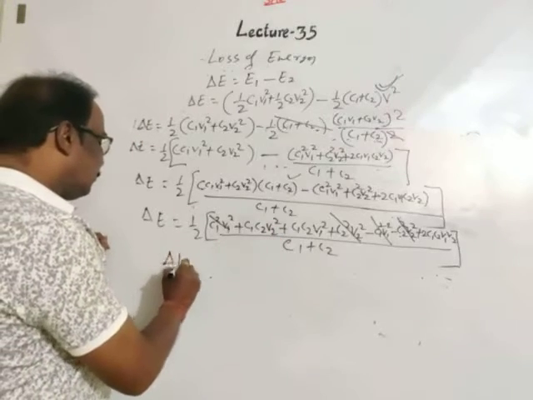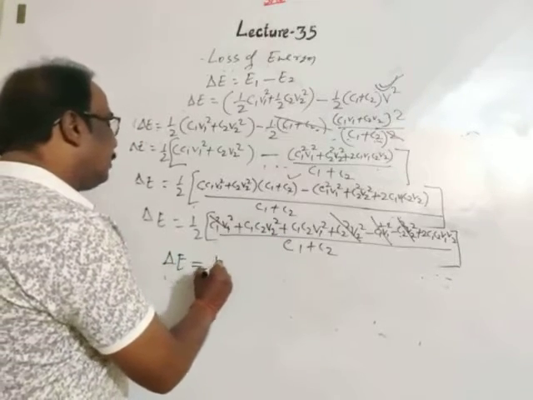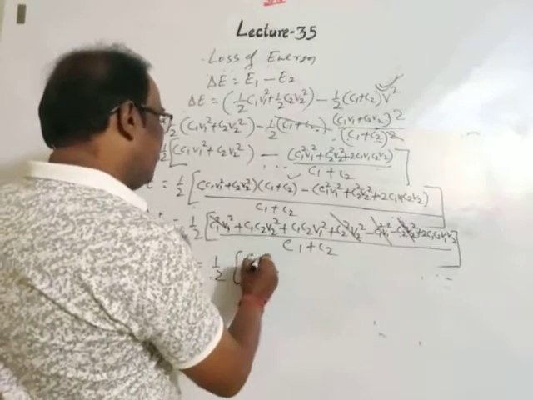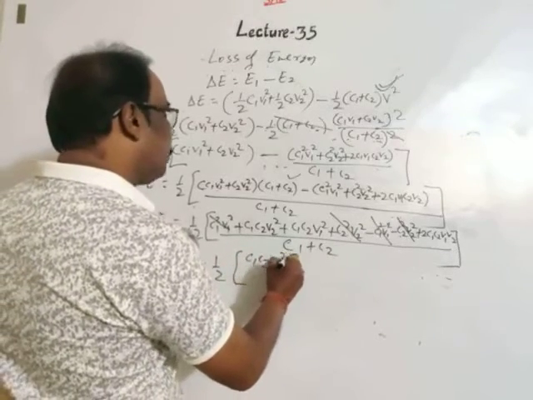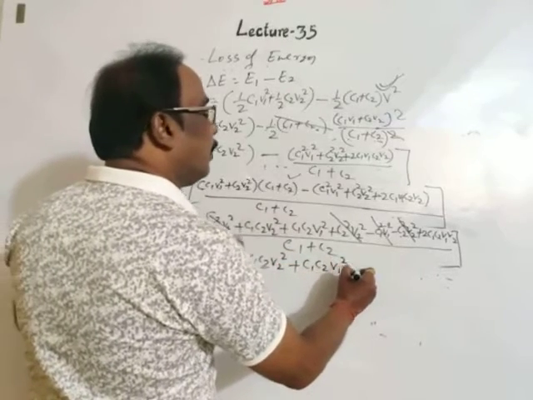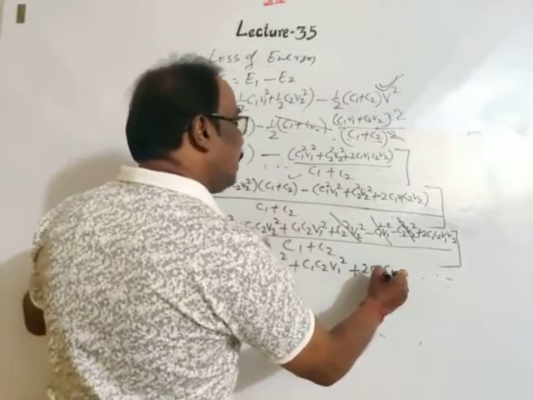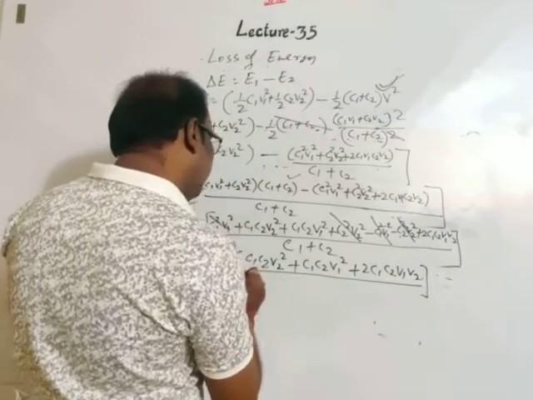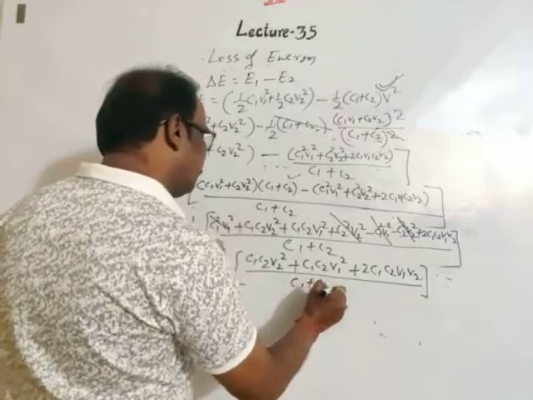Then total loss of energy delta E is equal to half. What it comes? C1C2 V2 square plus C1C2 V1 square minus 2 C1C2 V1V2 divided by (C1 + C2).